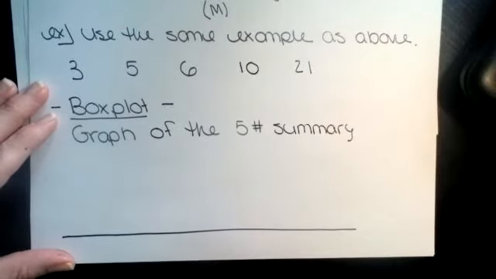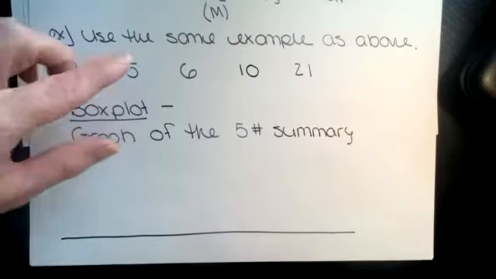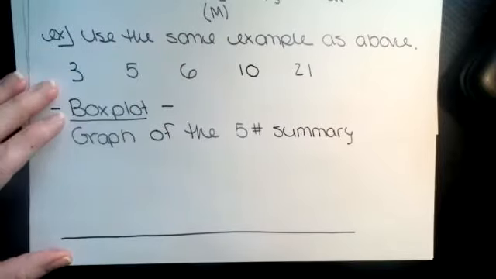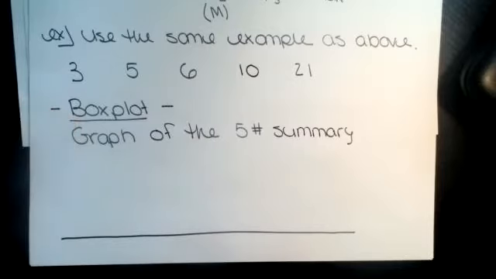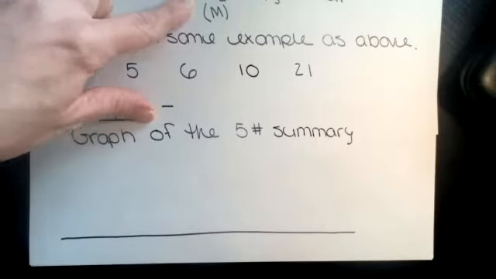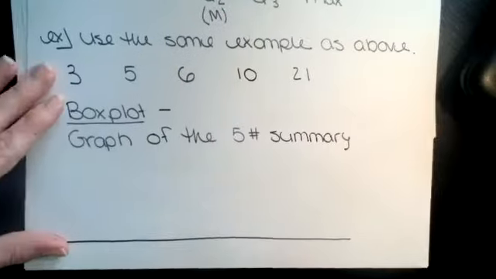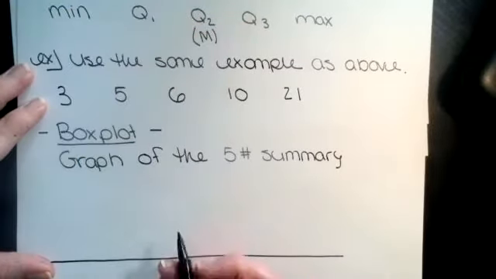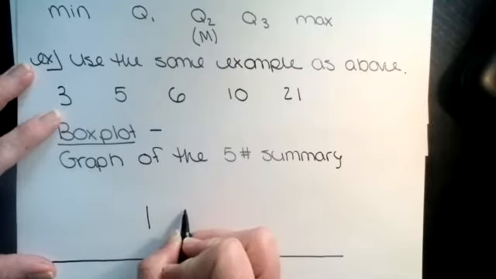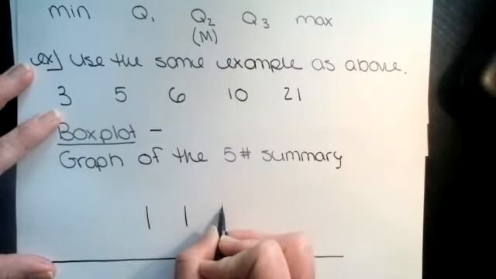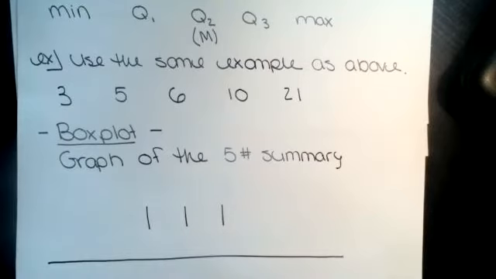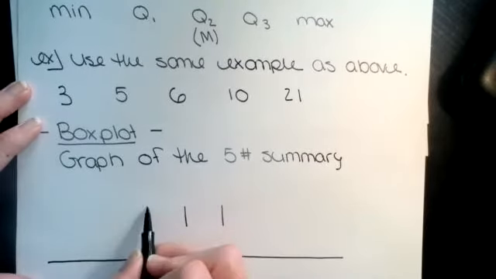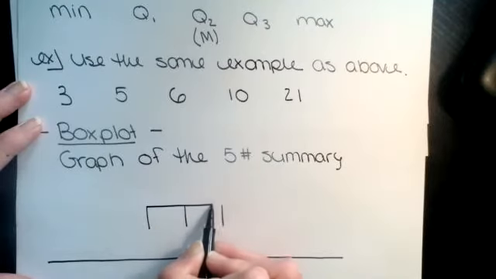When you're drawing a box plot, you always start with your quartiles first, your 3 quartiles. And you actually put them where they belong on the number line. And you're going to draw 3 vertical lines where quartiles 1, 2, and 3 are located. So I'm just going to put them some random place on this number line because I don't actually have information. And then you're going to connect them with the box with horizontal lines.